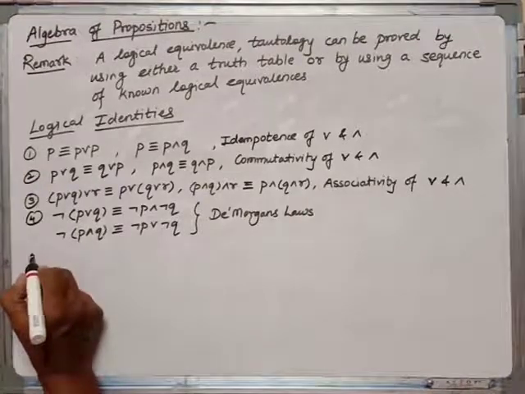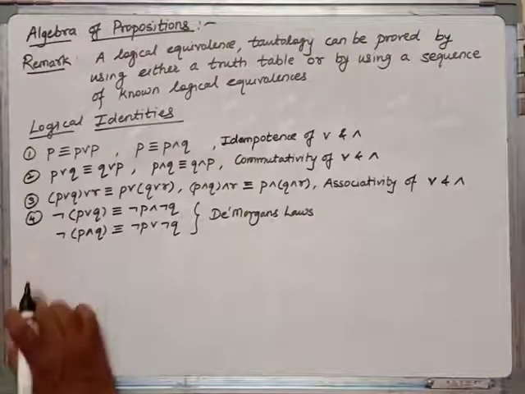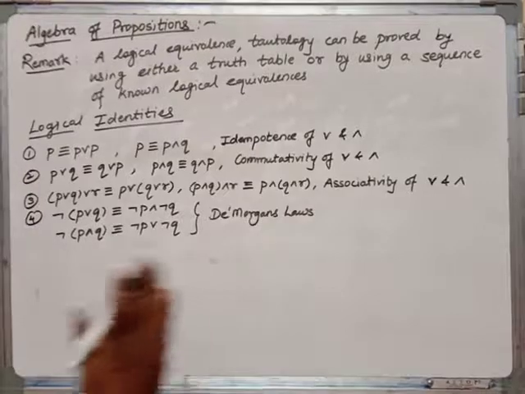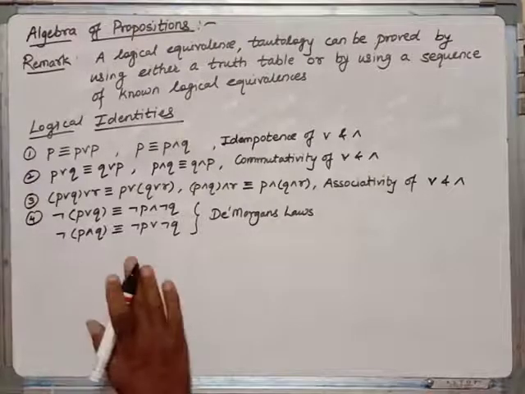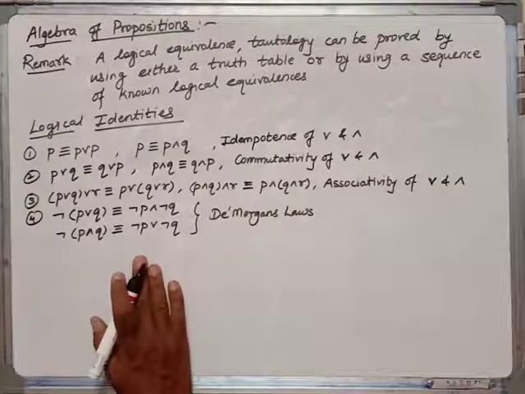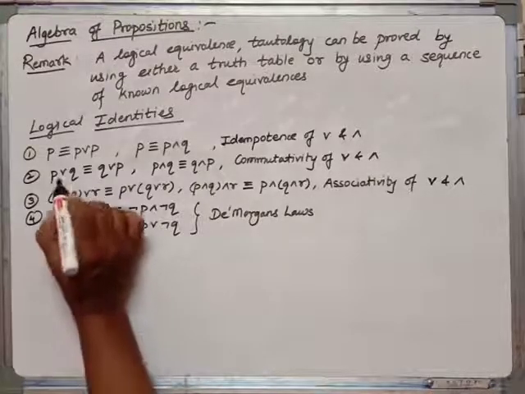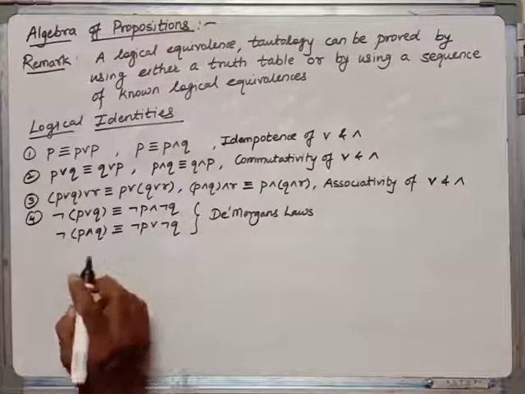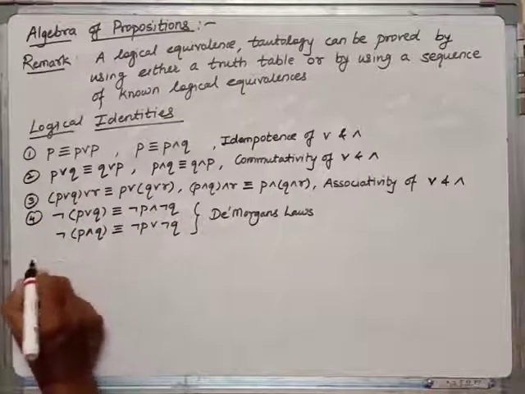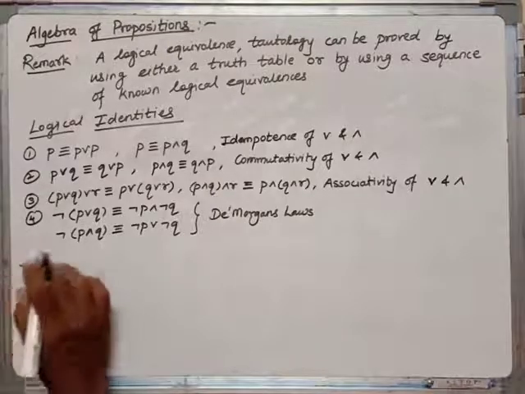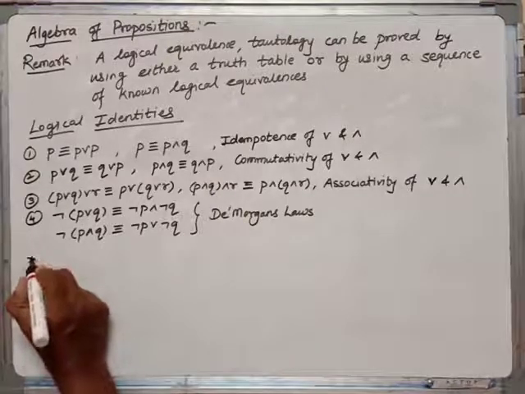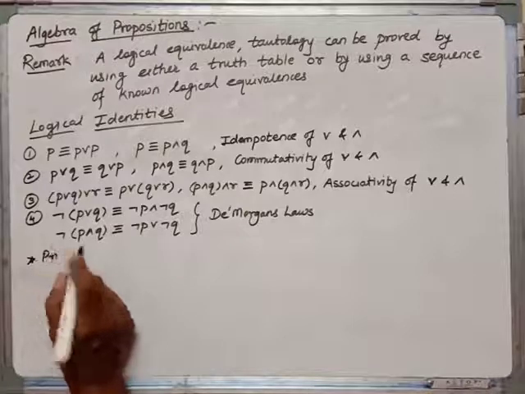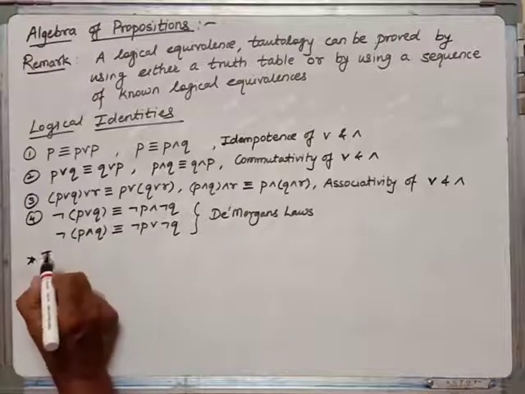Now the next one, before going towards the next one, let me tell you, while writing the expressions we are using parentheses, but in general the priorities among these three logical connectives, that is negation, or and and, are here. Let me write that as a remark.